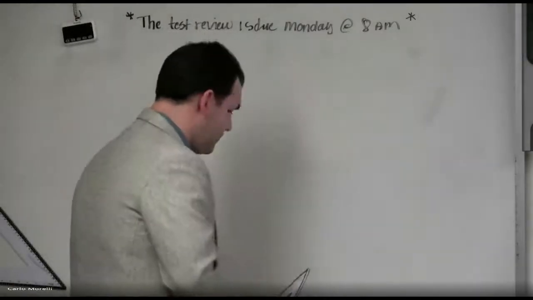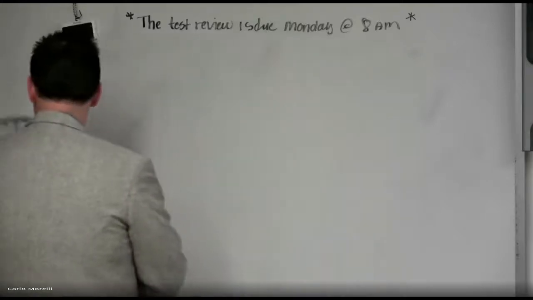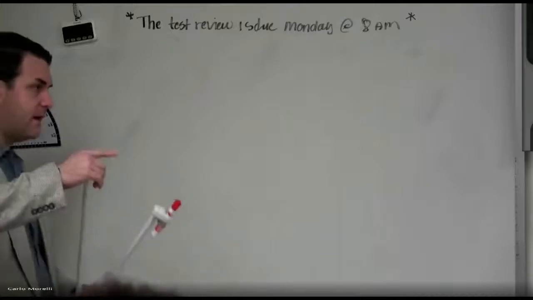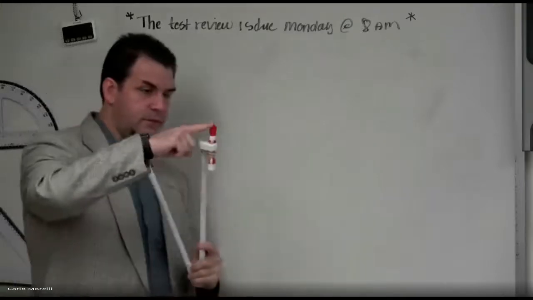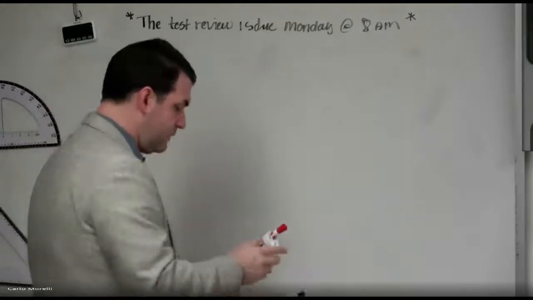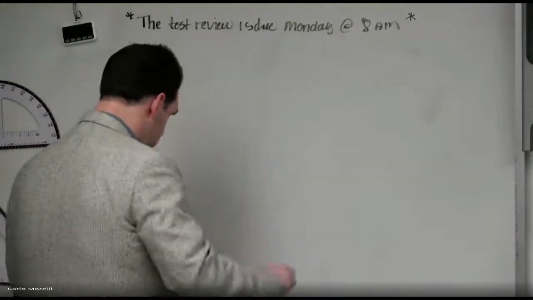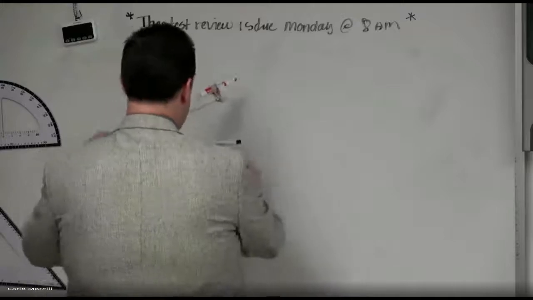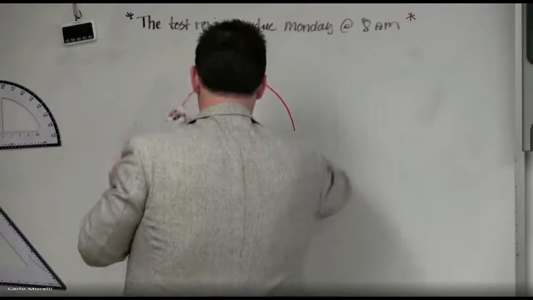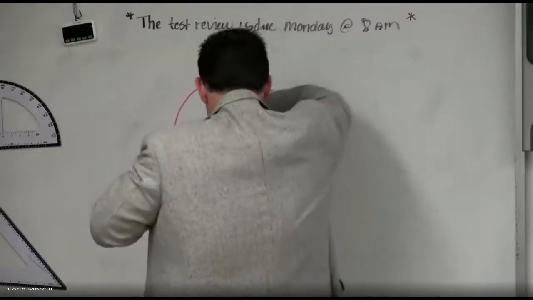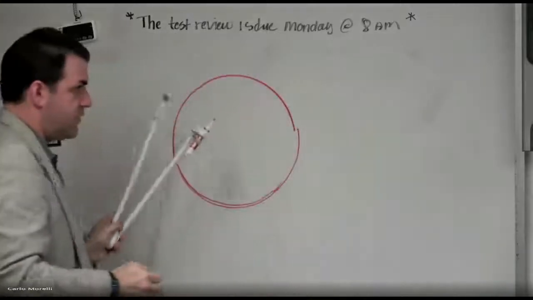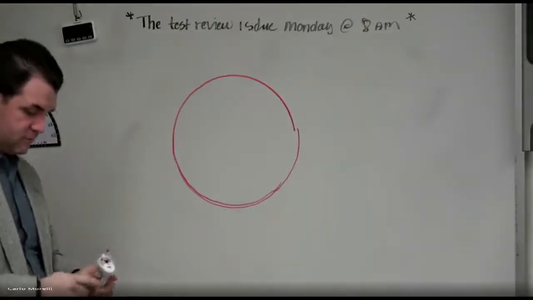Okay, now we're going to use our compass. So let's draw a circle. Again, the diameter of the compass, go from the tip of your finger to your knuckle. It doesn't need to be an enormous circle. My circle is not going to be as good as your circle.